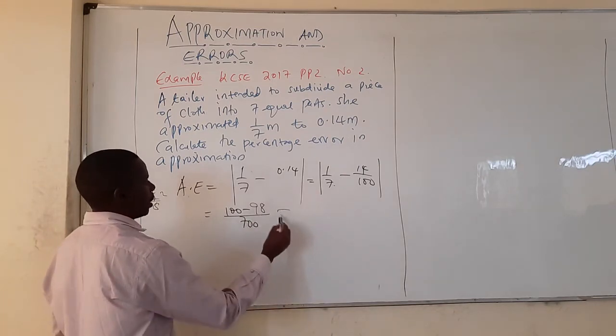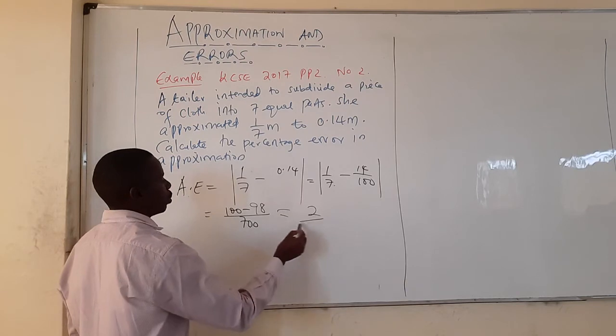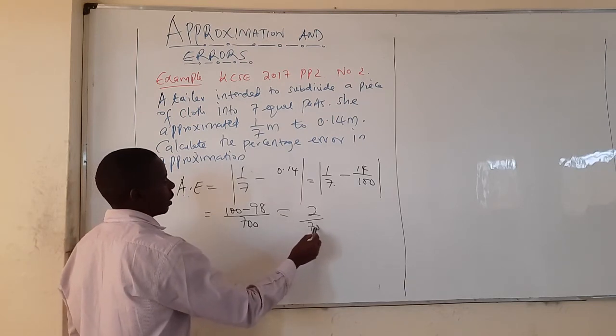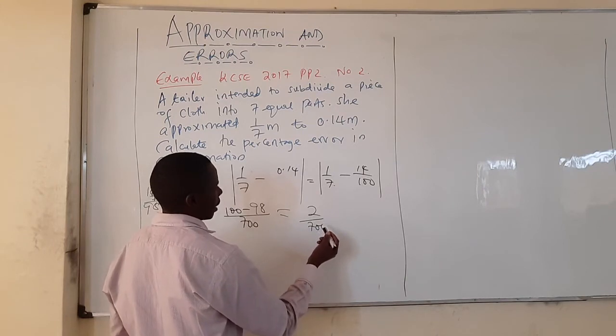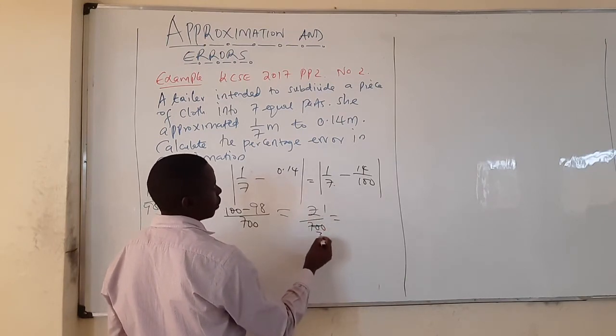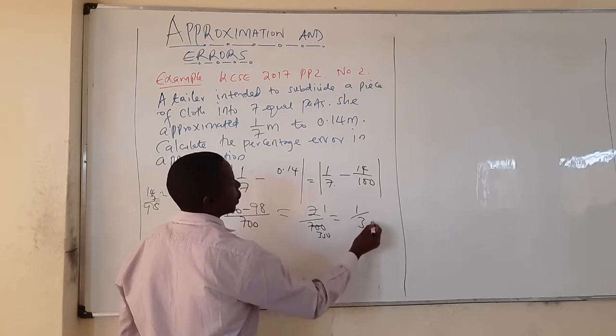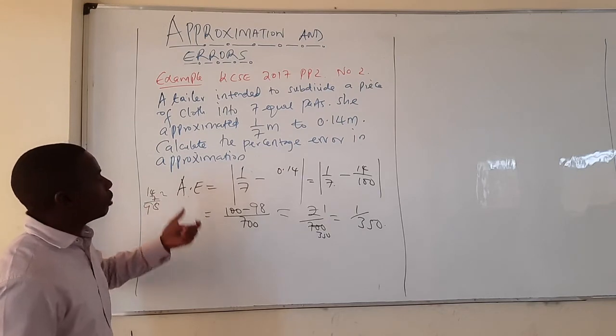So the value there, 100 minus 98, is going to be 2/700. This one, of course, you can simplify by 2 and by 2, 1/350. So that is the absolute error in our measurement.